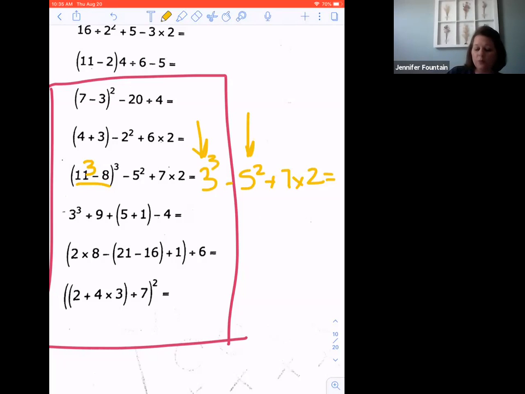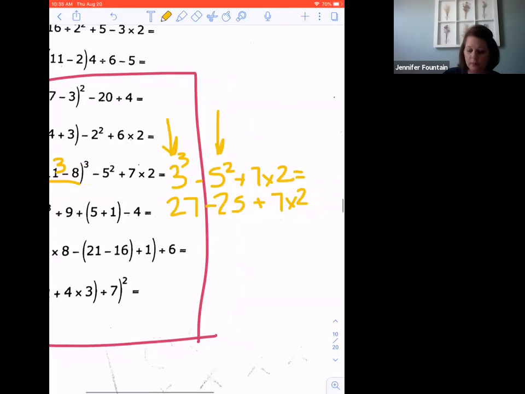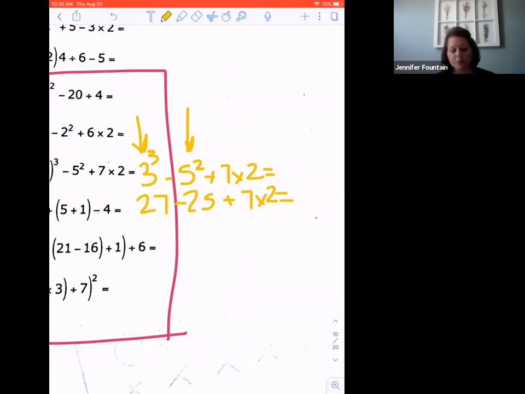Okay, so 3 cubed is 27 because 3 times 3 is 9 and 9 times 3 is 27. Minus 5 squared, 5 times 5 is 25, plus 7 times 2. Now I have subtraction, addition, and multiplication. According to my order of operations, I have to multiply first. So I have 27 minus 25 plus 7 times 2, which is 14.